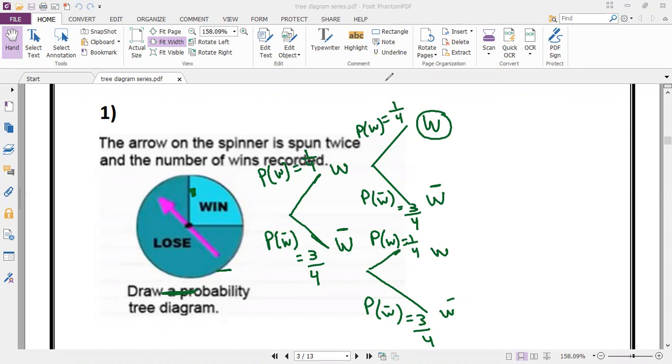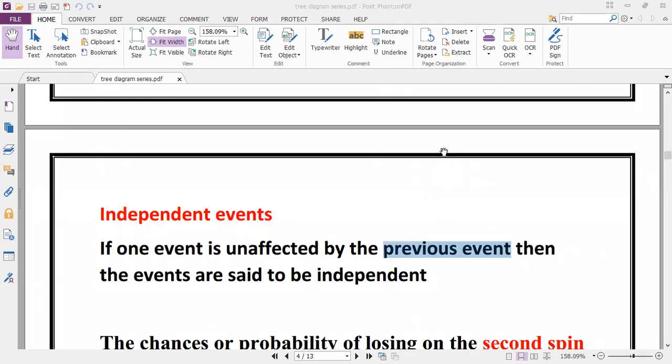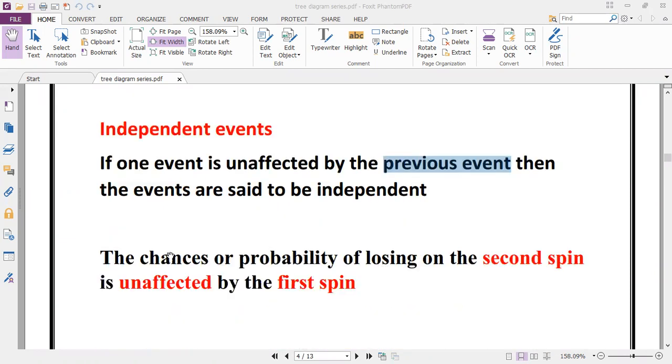So what is the definition of the 2 independent events again, Mustafa? One event is unaffected by the previous event, then the events are said to be independent. Like the probability of losing on the second spin is unaffected by the first spin.